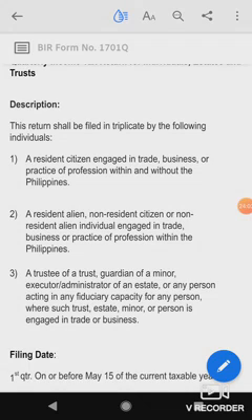Number 3, a trustee of a trust, guardian of a minor, executor, administrator of an estate, or any person acting in any fiduciary capacity for any person where such trust, estate, minor, or person is engaged in trade or business.